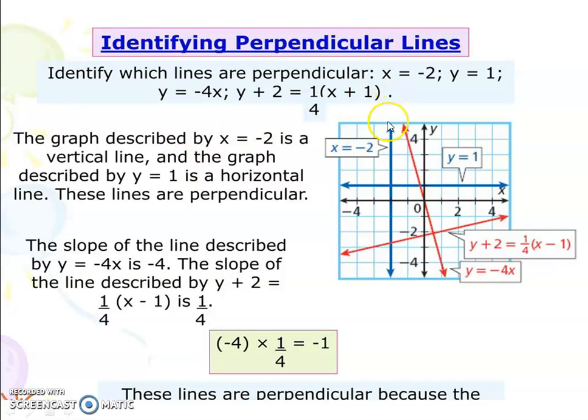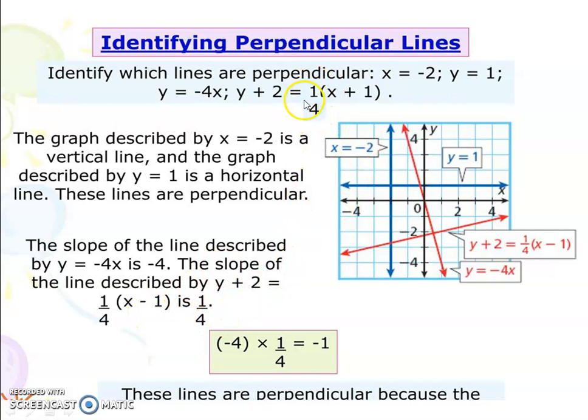Here we have to take them one by one. Suppose x equal to minus 2 is given and y is equal to 1 is given, that is a vertical and a horizontal line, and these are perpendicular. Now the slope of the first line, y is equal to minus 4x: we know that y is equal to mx plus c, that's why the slope is minus 4. y plus 2 is equal to 1 upon 4 (x plus 1) is the second equation given.